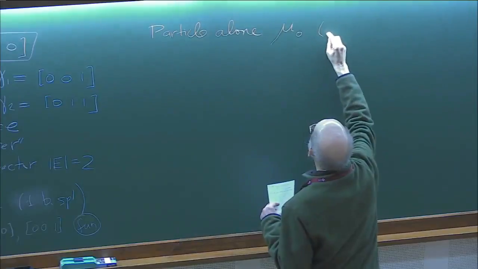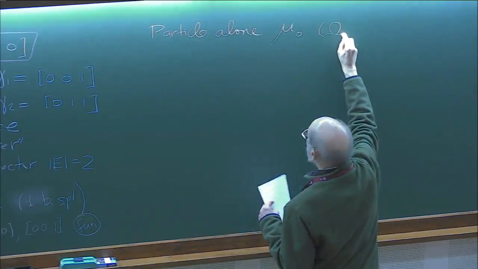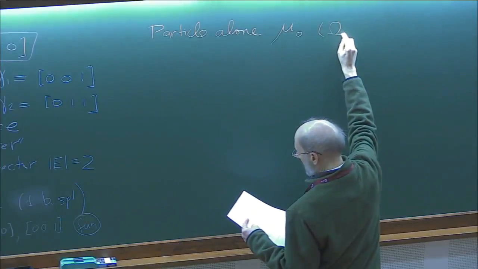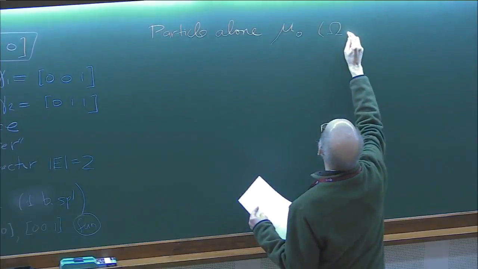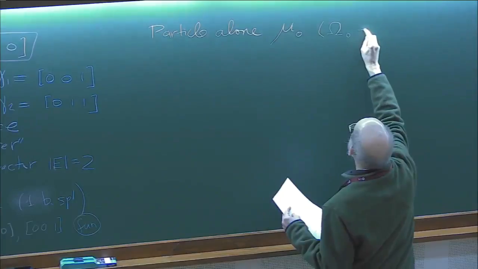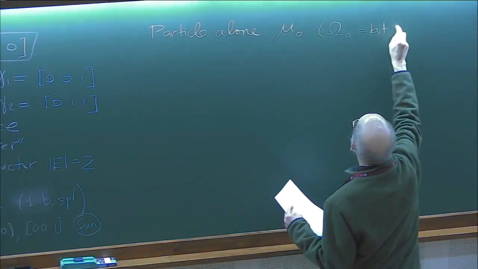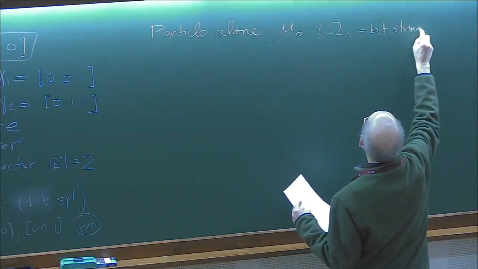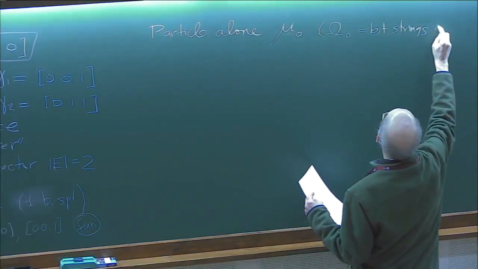What do I want to call this? Omega naught, I suppose. History space, which just consists of bit strings of the given length.